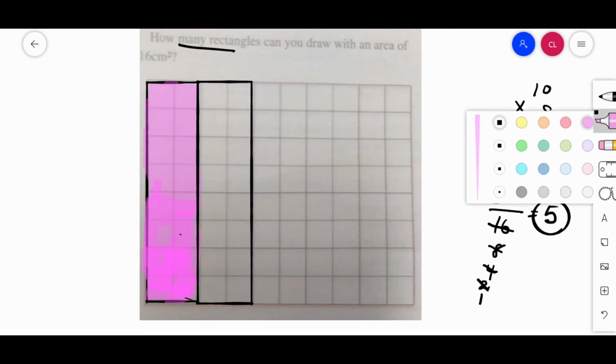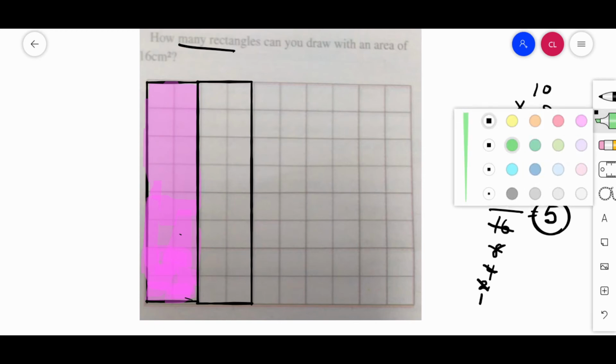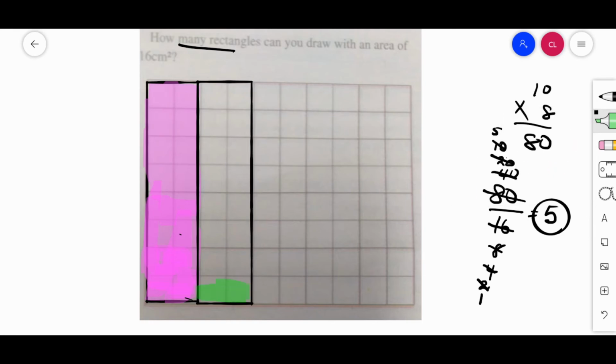Let's make this another color. Let's try this green highlight here. Good. And then we go down and fill these in. All right, so we have 2. How many more should we be able to get? 3. So let's go now.